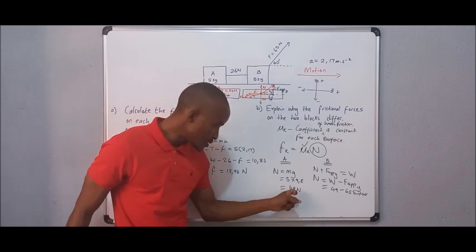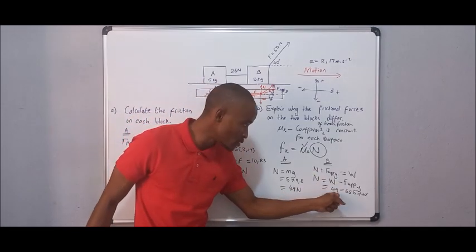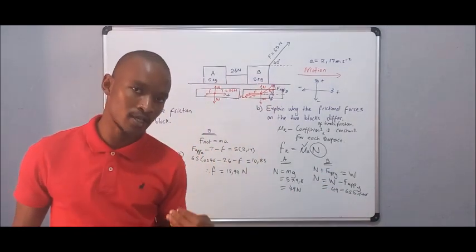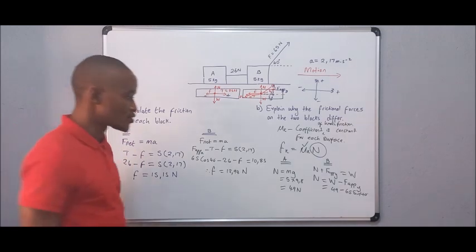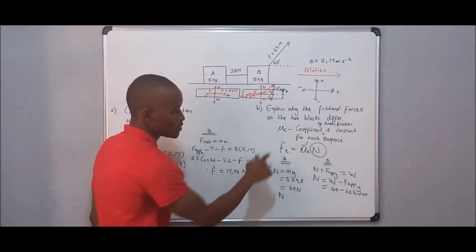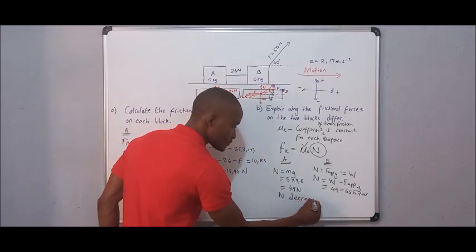So you understand that we are reducing the size of the normal force. From 49 we subtract a particular value, and obviously it will be less than 49. So the second reason is that N decreases.